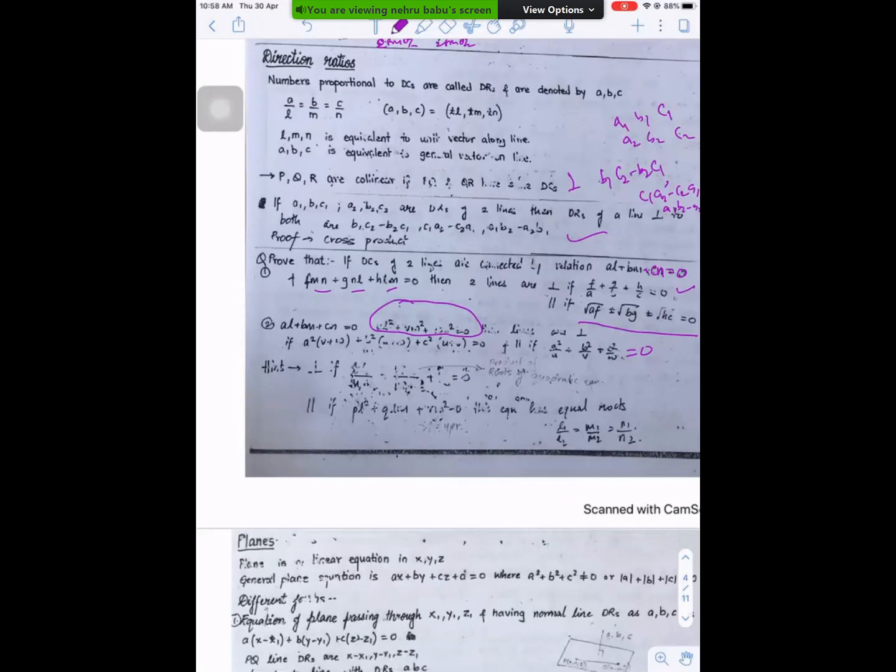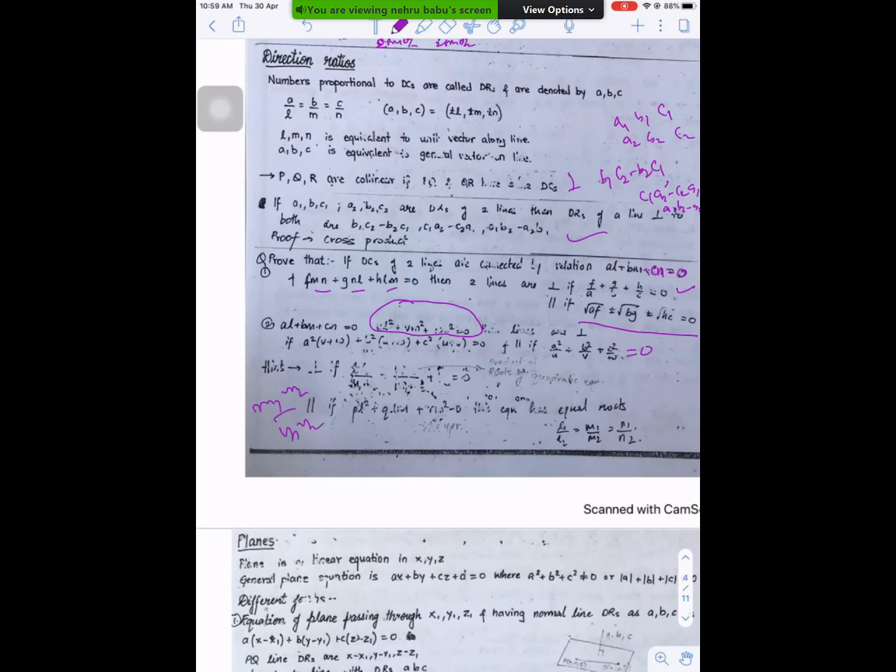But the idea for both of them, even if you didn't write it down, is that we substitute L equal to that MN term. Then we get a quadratic equation. If you take the discriminant equal to 0, we get the condition for parallel. And by taking the product of roots, you get M1 M2 by N1 N2.